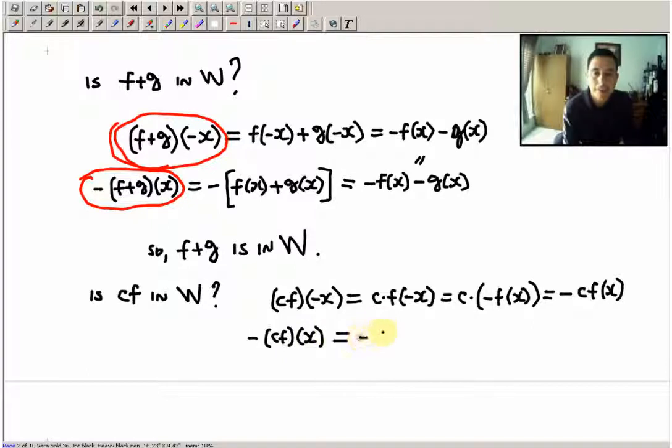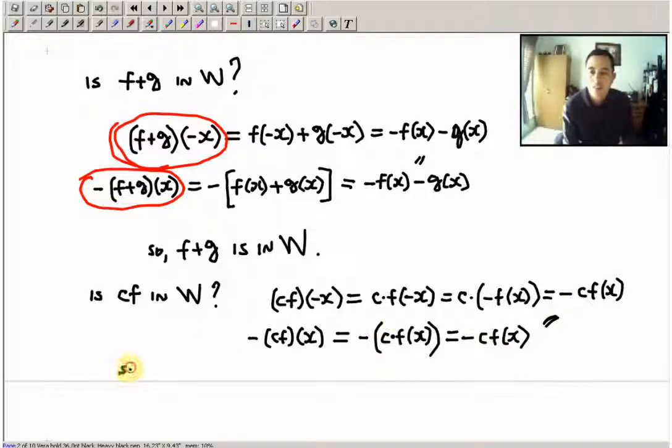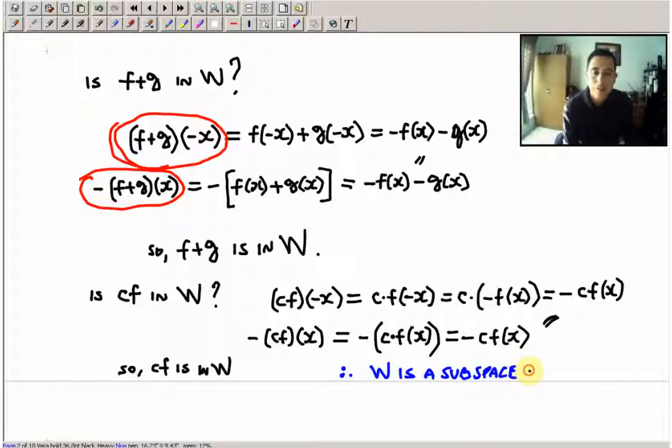The bottom, the negative outside, will be negative c times f of x, which is just negative c f of x. See, they're the same. So cf is in W. Conclusion: W is a subspace of the original vector space, the space of continuous functions.